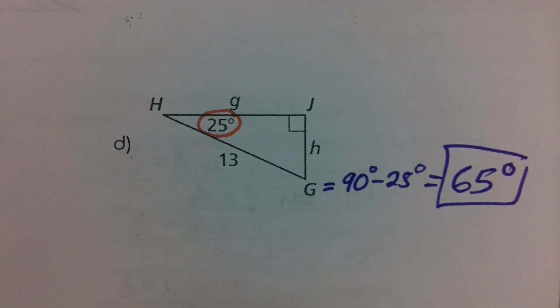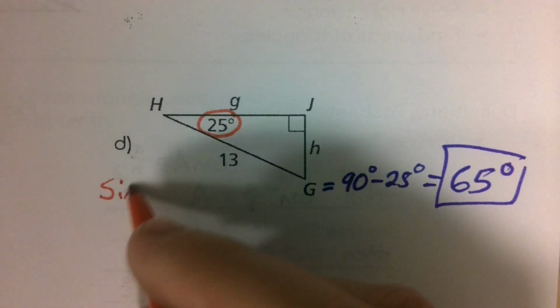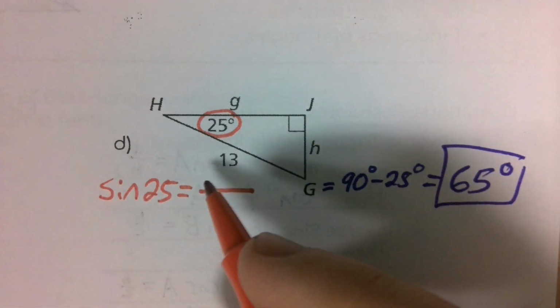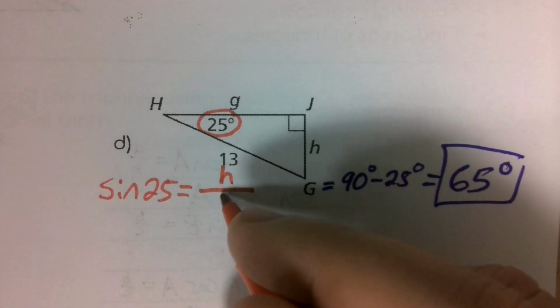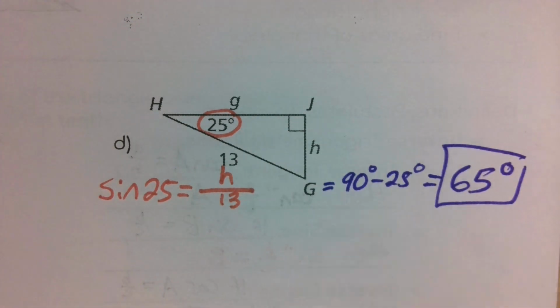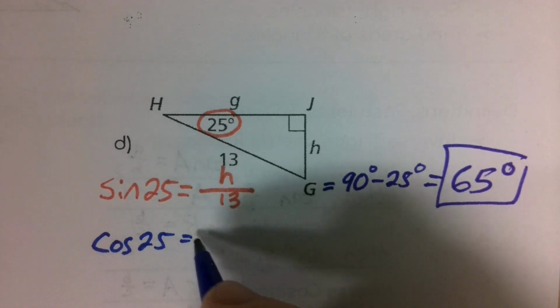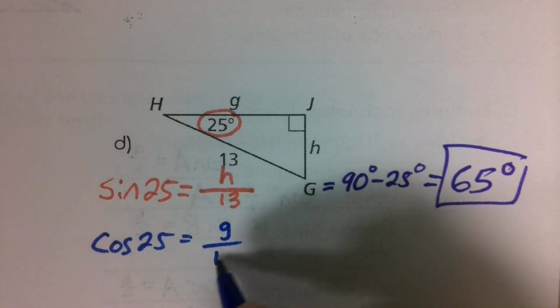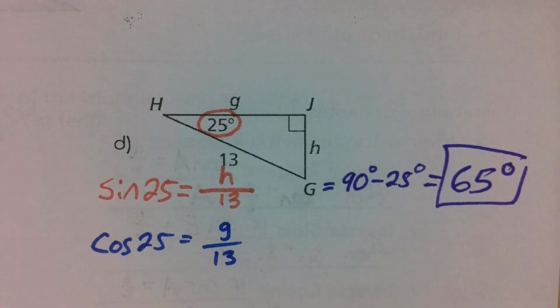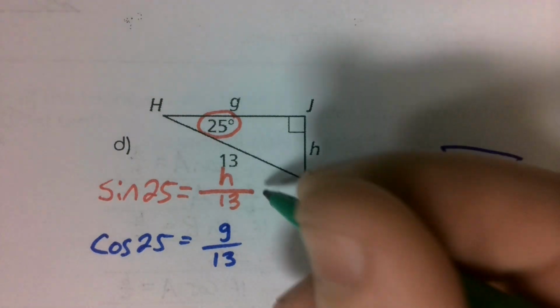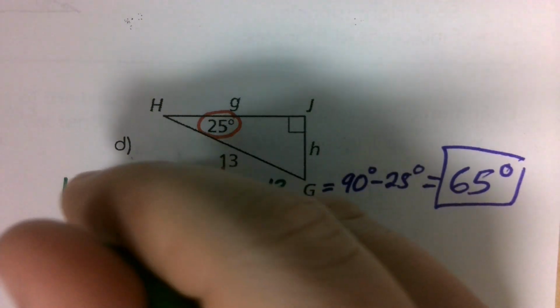The sine of an angle, so the sine of 25, is always going to equal our opposite over hypotenuse. That would be h over 13. But if you wanted to use the adjacent over hypotenuse, we could find the cosine of 25, which is g over 13. And look at that, we've already set up two equations to solve for h and g. We just got to solve them.